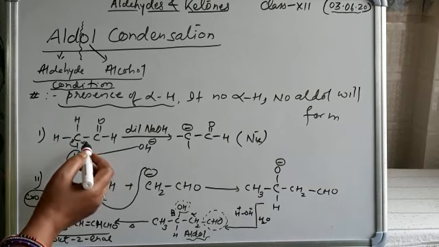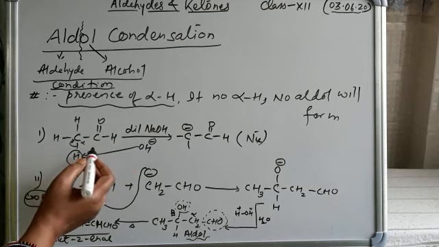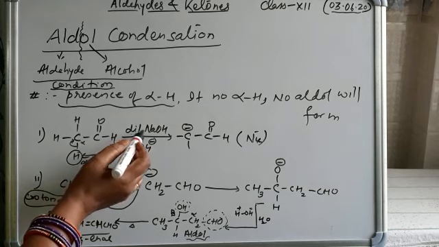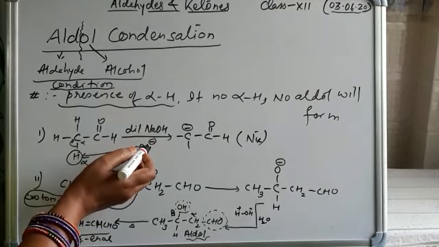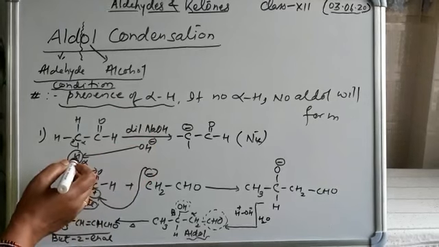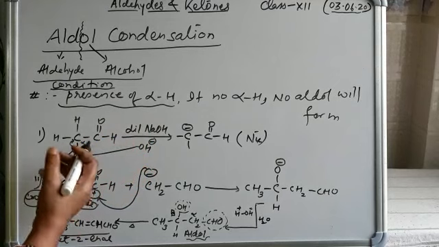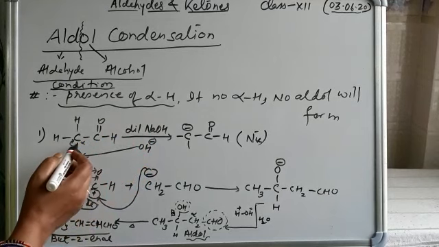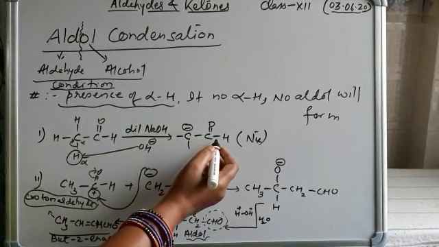When any aldehyde or ketone, here is ethanal, when ethanal is treated with dilute sodium hydroxide, the OH ion present in this solvent attracts H plus ion, gives its electrons and extracts H plus. So both the electrons shift towards the carbon, and formation of a carbanion takes place.